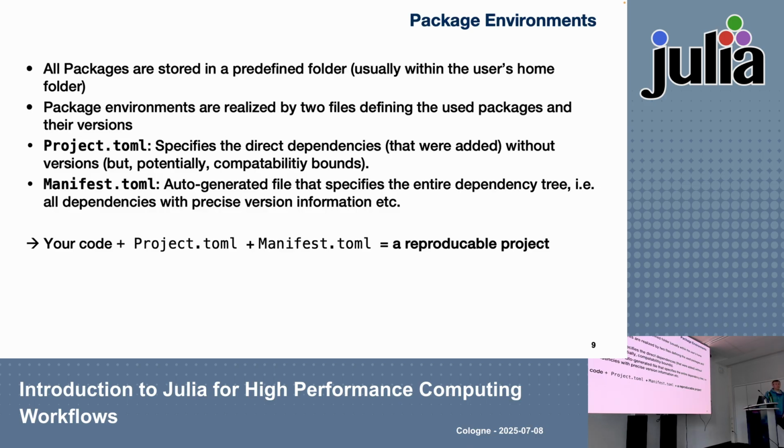If you activate this project environment and then add some packages, it will note which package with which version is used for this project. This way, you will always have a well-defined dependency specification for your project. So you always know exactly which version you used. And using these two files, you can recreate your project environment.